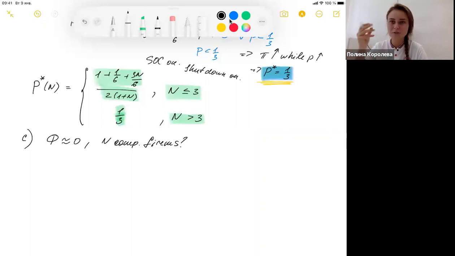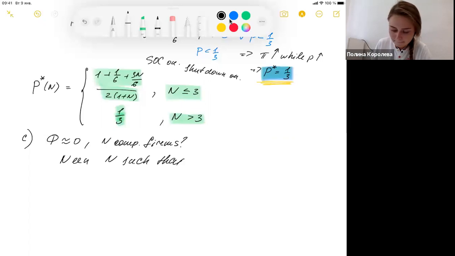So we need to find such a number of competitive firms. Let's write down: we need a number of firms such that if we have n firms, the profit of each competitive firm minus entry cost is greater than or equal to 0.